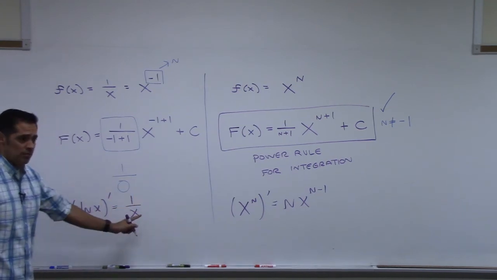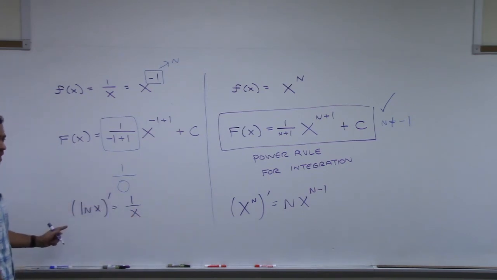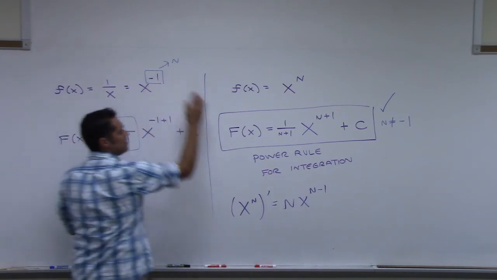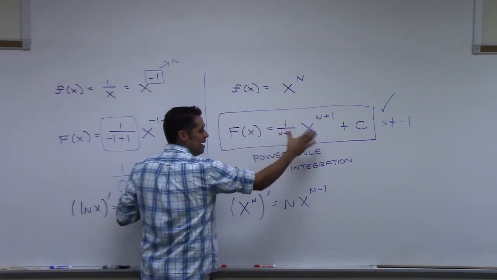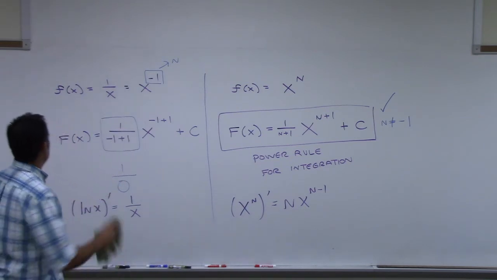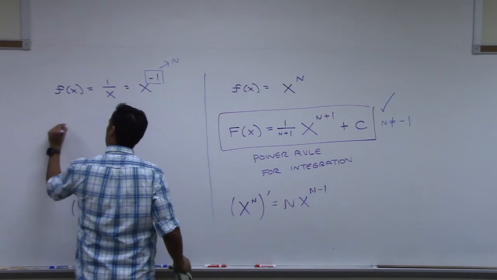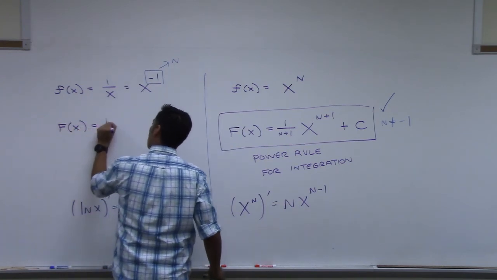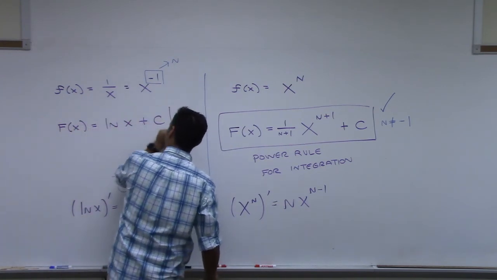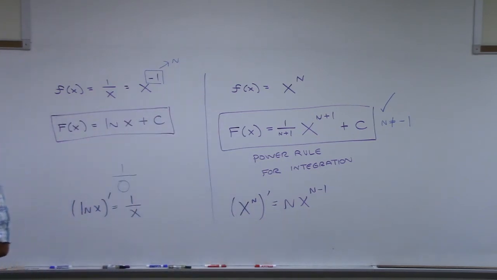I gave that to you. So the antiderivative of 1 over x is the natural log of x. So for the one case that this formula can't handle, we know the answer to it. So the answer to this is capital F of x equals natural log of x plus c. Okay? That's a special case.